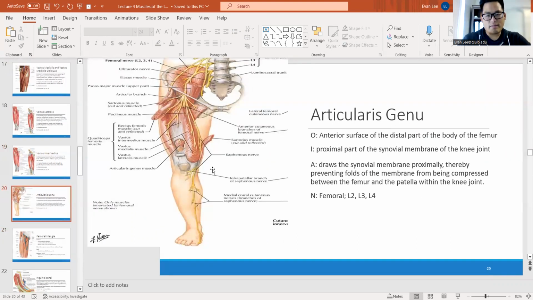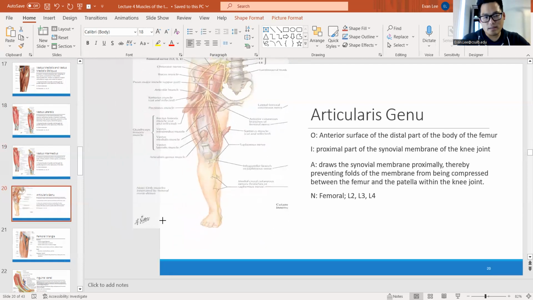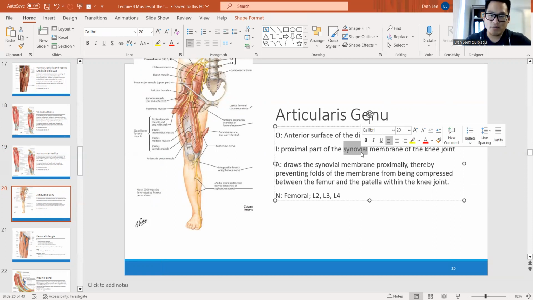Now the next muscle that we have here is the Articularis Genu. So this muscle you can see deep to the vastus intermedius, and it's not very big. It's just along the front of the femur. So the front distal part of the femur, right above the knee, is where you have the Articularis Genu, where it's going to insert not across the knee joint, but just to the synovial membrane inside of the knee joint.